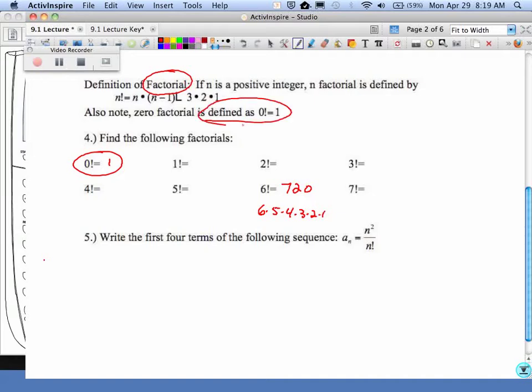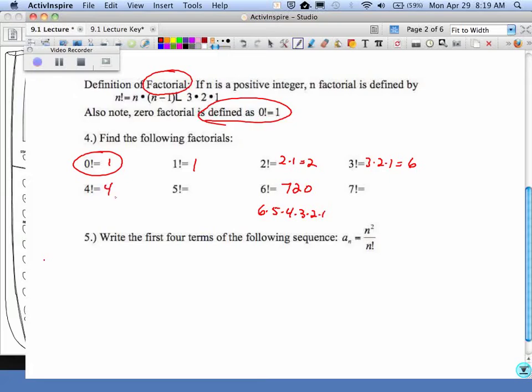At some point, you would want to stop writing them all down and use your calculator. 4 factorial could be 4 times 3 factorial, or you could go 4 times 3 times 2 times 1 if you want.